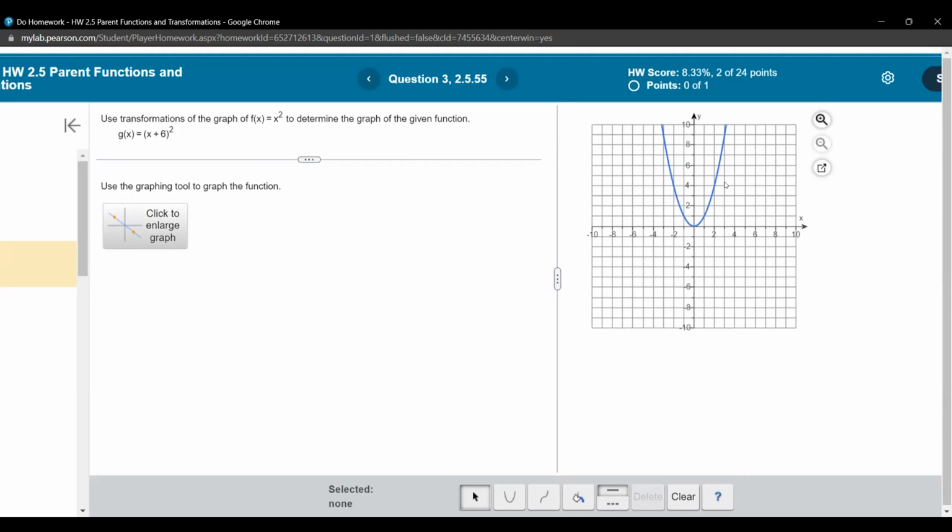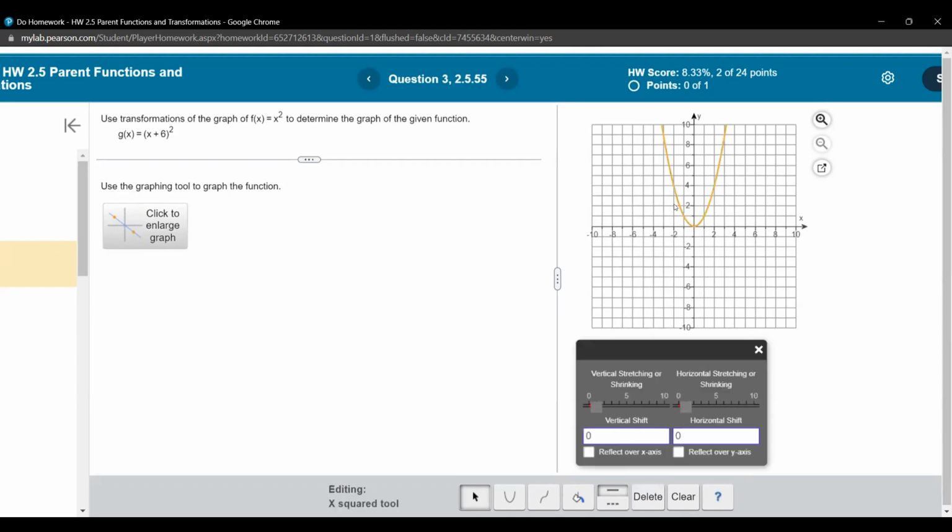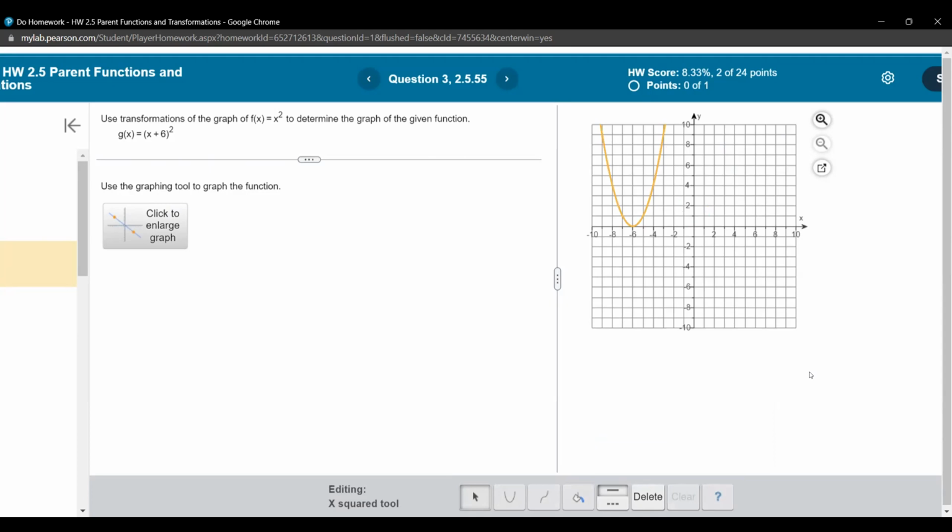Oh, perfect. And then I have to shift it. How do I do this? No, that's vertical. Oh, thank you. It's not 6, it's negative 6. See here, if you plug in 6, you're going to get 12 squared.